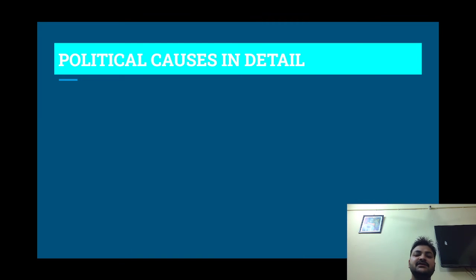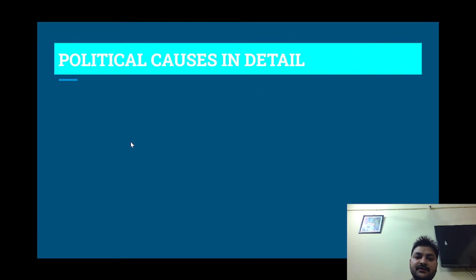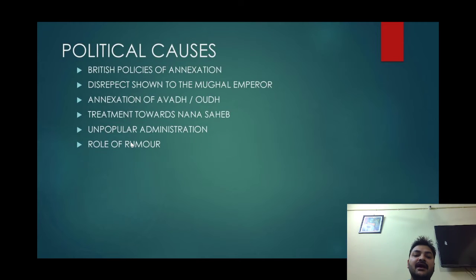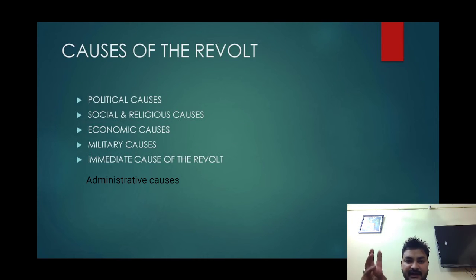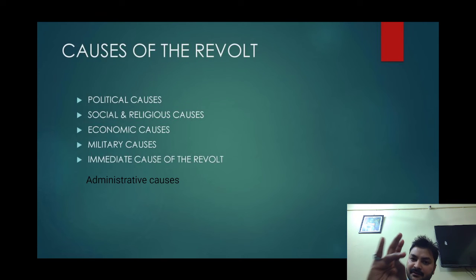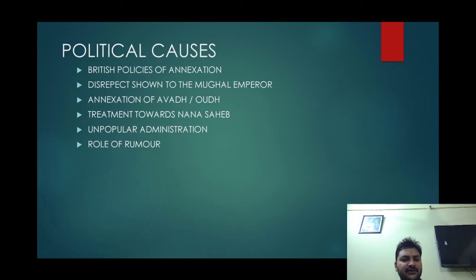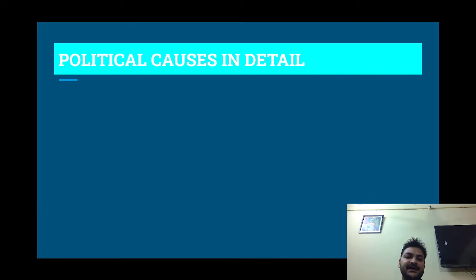Now let us discuss the political causes in detail. See, I have already given you the background of causes. I have given you social religious causes, economic causes, military causes, administrative causes, and immediate causes also. Now let us discuss them in detail.